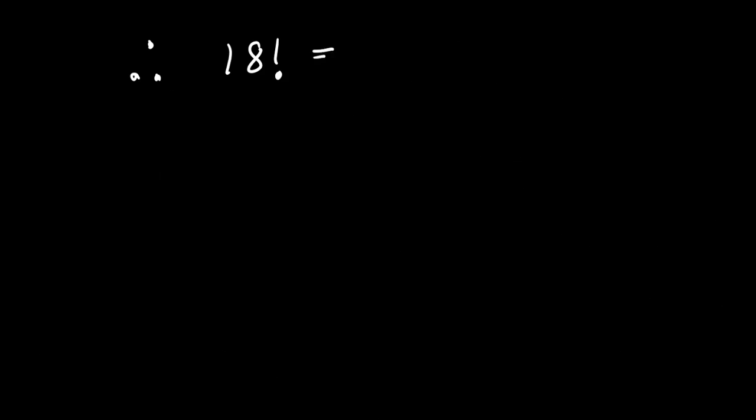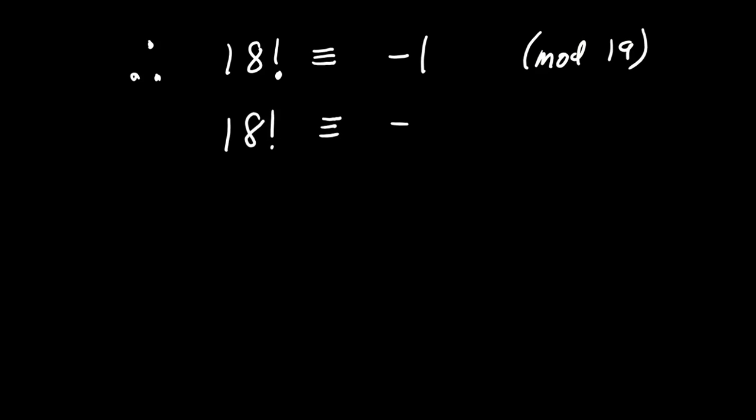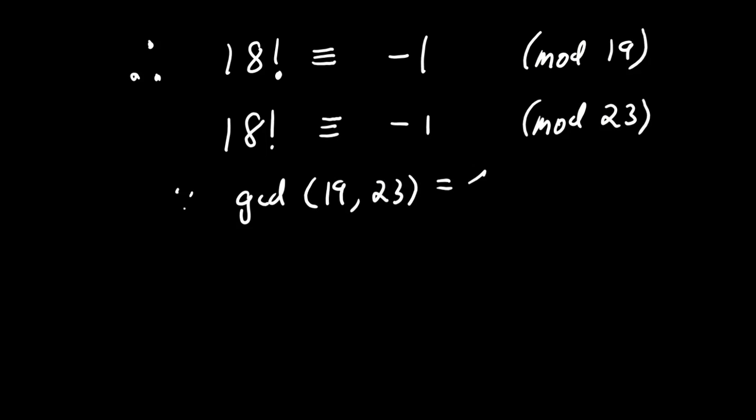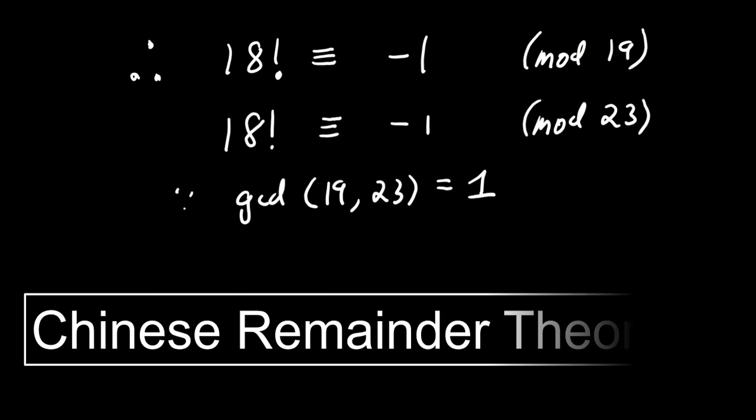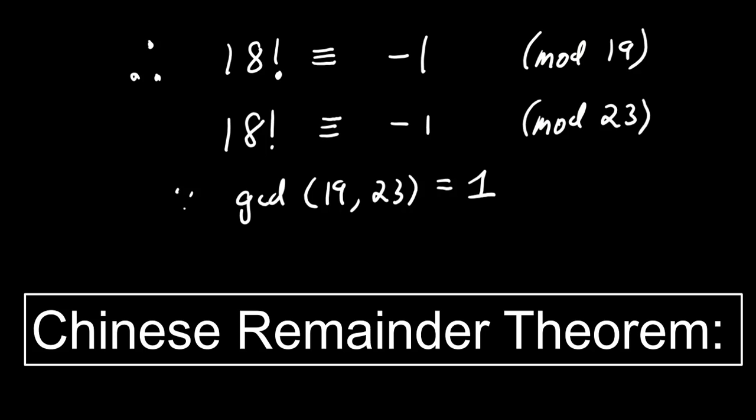As 18 factorial is congruent to -1 modulo 19, and similarly, 18 factorial is congruent to -1 modulo 23. Since the greatest common divisor of 19 and 23 is 1, we can use the Chinese Remainder Theorem, which allows us to combine these two congruences into a single congruence modulo the product of 19 and 23, because the moduli are coprime.